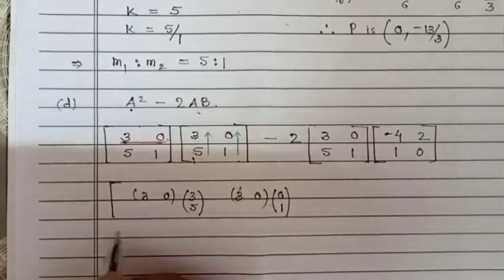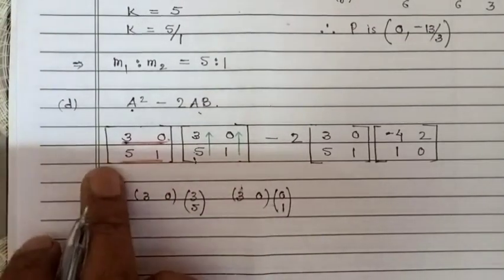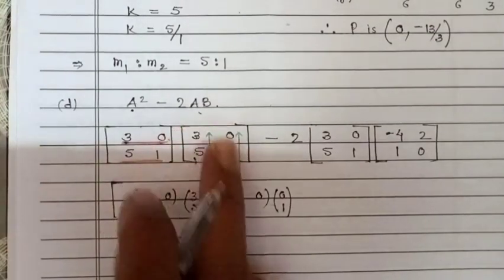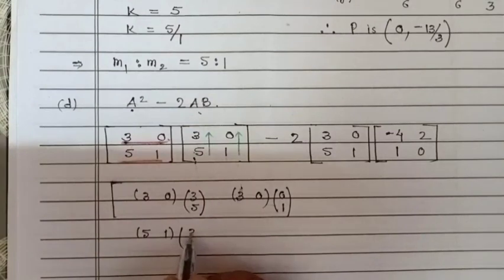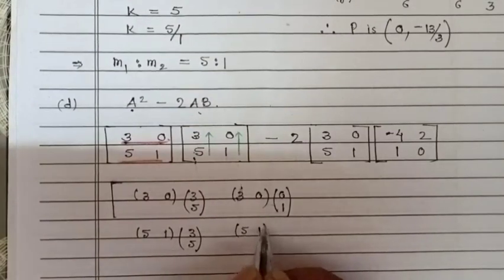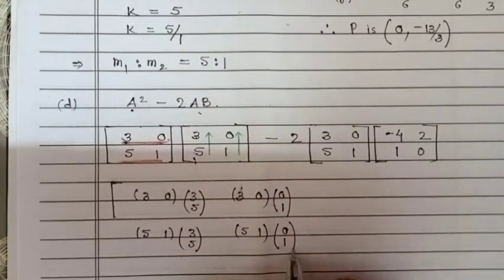Now the second row as you can see is 5 1. So now the second row 5 1 will be multiplied by these two columns, so we can write it like this: 5 1 multiplied by 3 5, 5 1 multiplied by the second column 0 1.